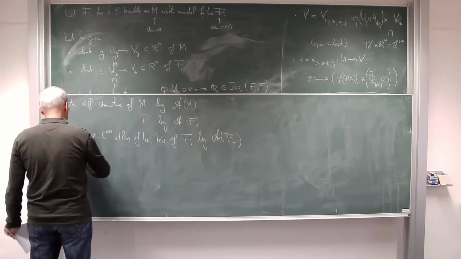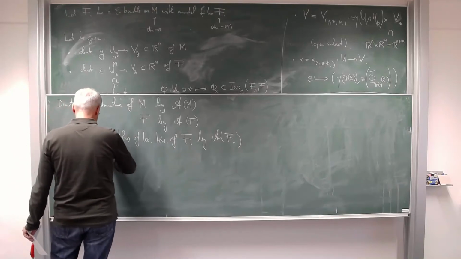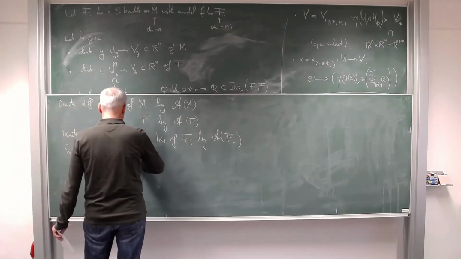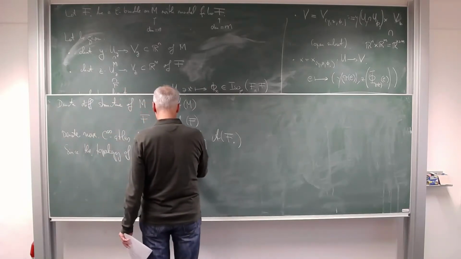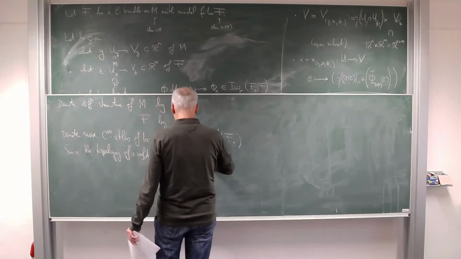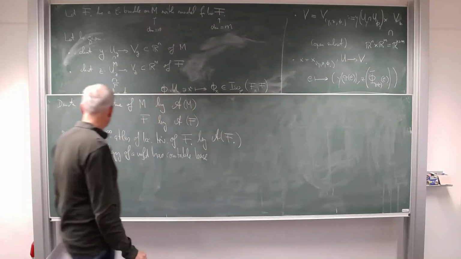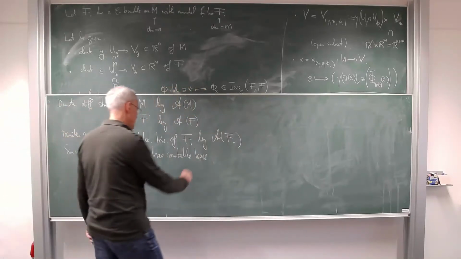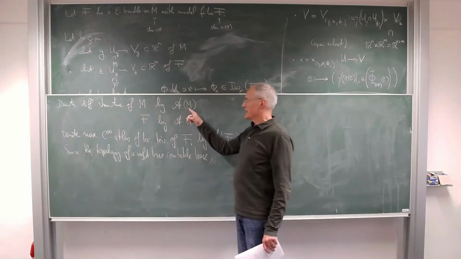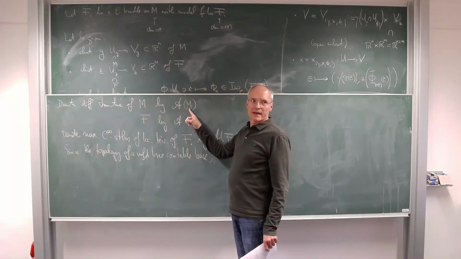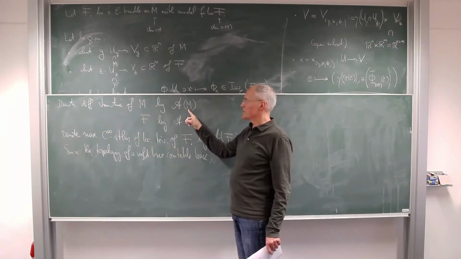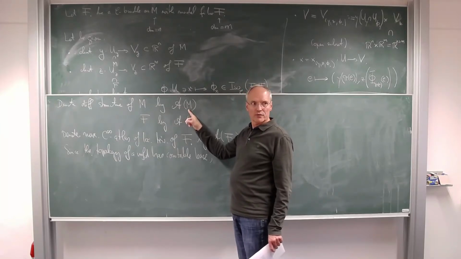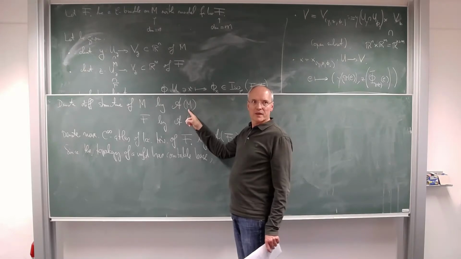Since the topology of a manifold has, by definition, a countable base, we can take the atlas of M, for instance, and select a countable subset of it, so that the chart domains still cover all of the manifold. So that means I have a sub-atlas consisting only of countably many charts.